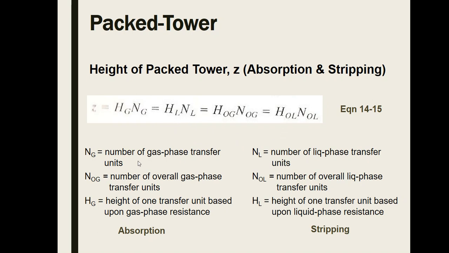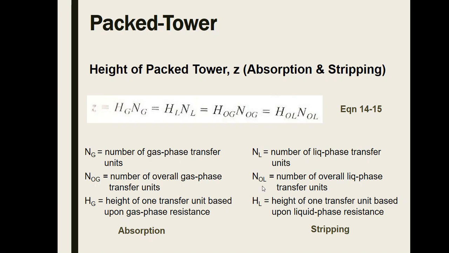Now, what do this NG, NL, NOG, and NOL represent? NG is the number of gas phase transfer units. If it's L, number of liquid phase transfer units. NOG is the number of overall gas phase transfer units, so the O represents overall.